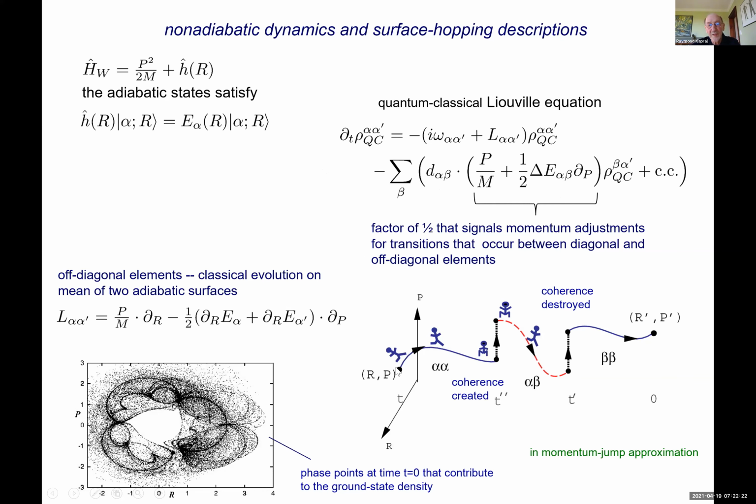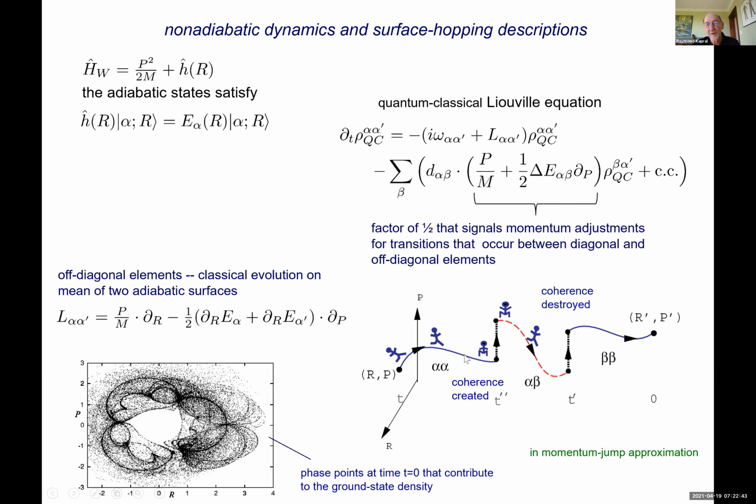So if you want to compute the density matrix, let's say of a diagonal element, a population in an adiabatic state at a particular phase point, Rp, then just by iterating this equation, you can see that you have to consider an ensemble of trajectories of this form.